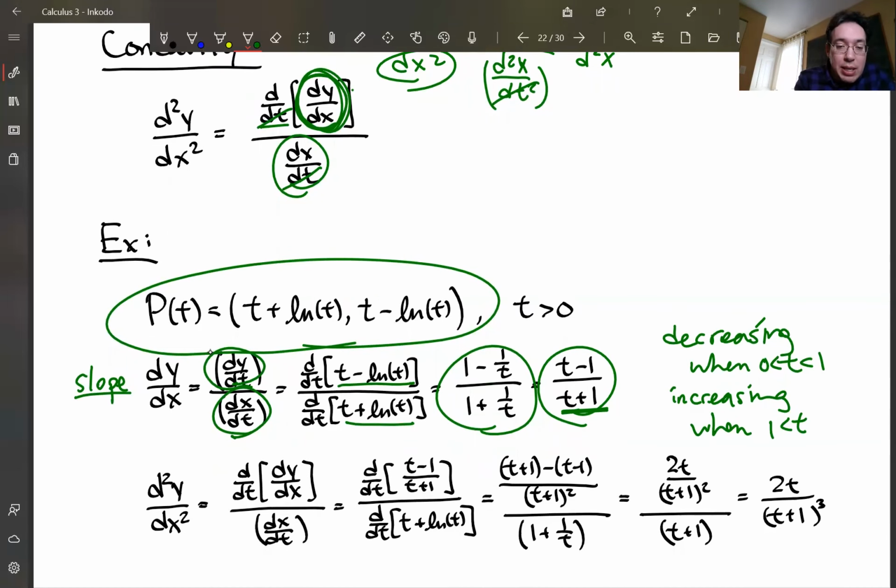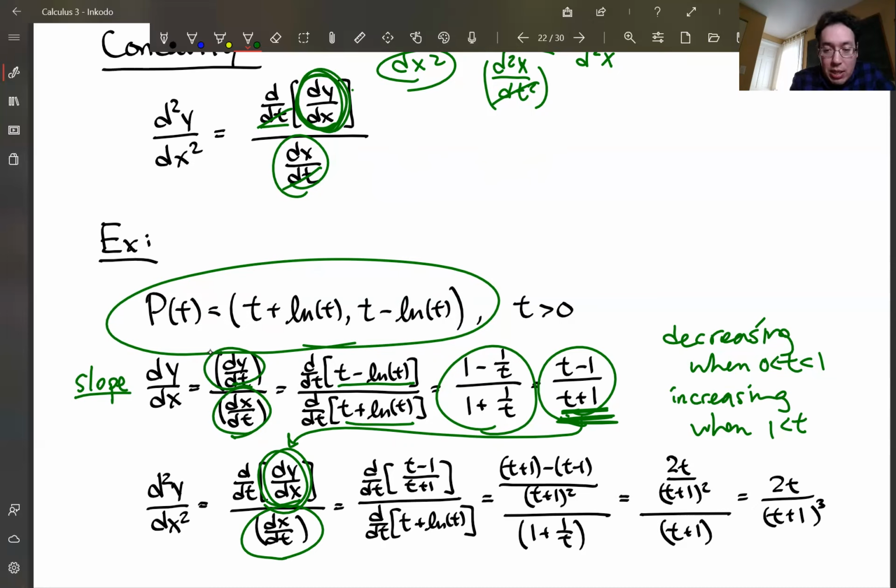And for the concavity, what we do is plug this formula that we just got into the top, and we take the time derivative of that. And then we divide by the first derivative of x, which we've actually already computed.